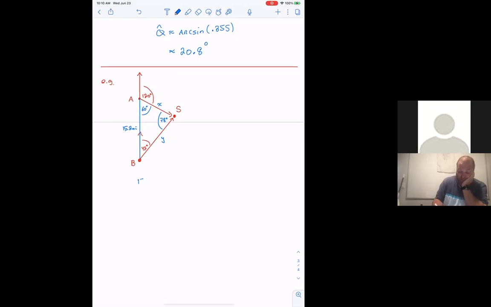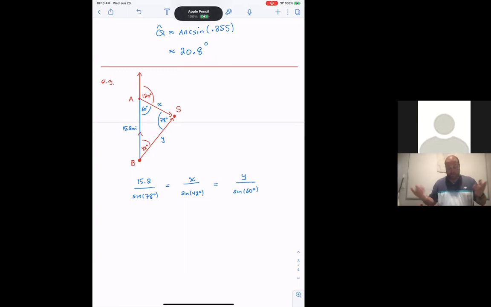So I'm going to have the side lengths on top: 15.2 over sine of 78 degrees is equal to what I'm currently calling x over sine of its angle, which is sine of 42 degrees, and also equal to what I'm currently calling y over the sine of its opposite angle.